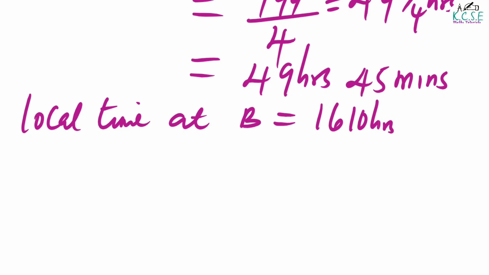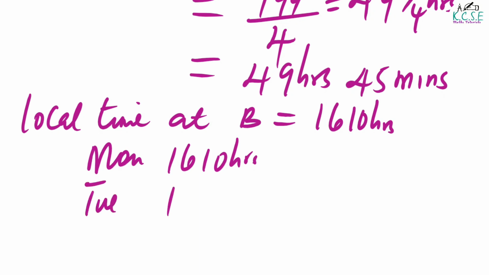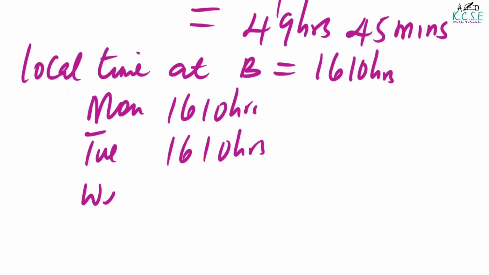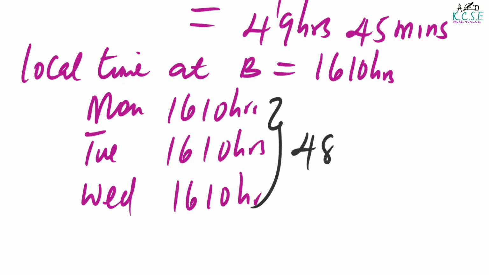So 49 hours. Today is a Monday. So Monday 16:10 hours, then Tuesday 16:10 hours, then Wednesday 16:10 hours. You notice that this is 48 hours, those are 2 days.